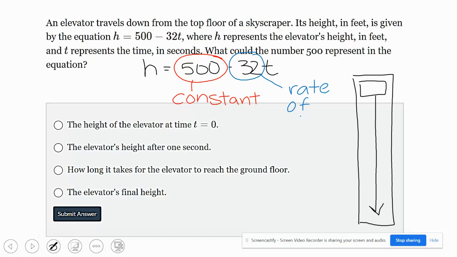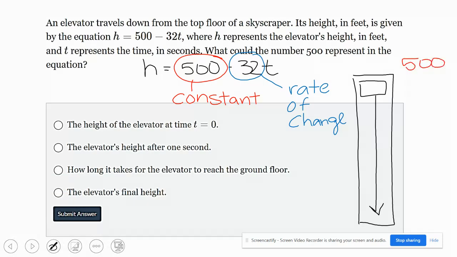Okay, so let's think about what that would mean in terms of this question. We're talking about a skyscraper, and it's going down. Like I said before, a constant is the starting point. So when we think about it in terms of this skyscraper, the starting height of this skyscraper is going to be 500. So constant is always that starting point.